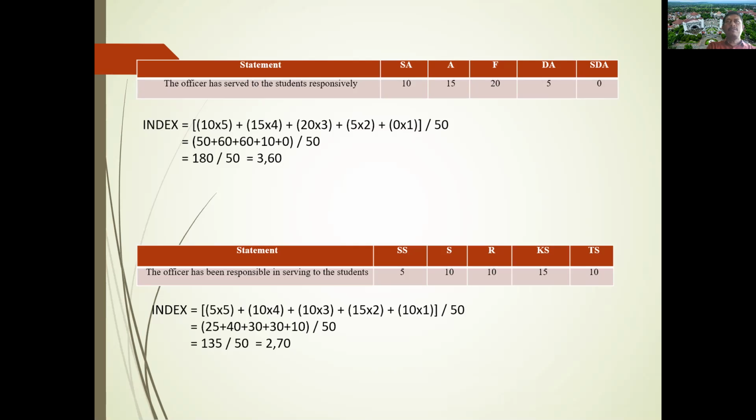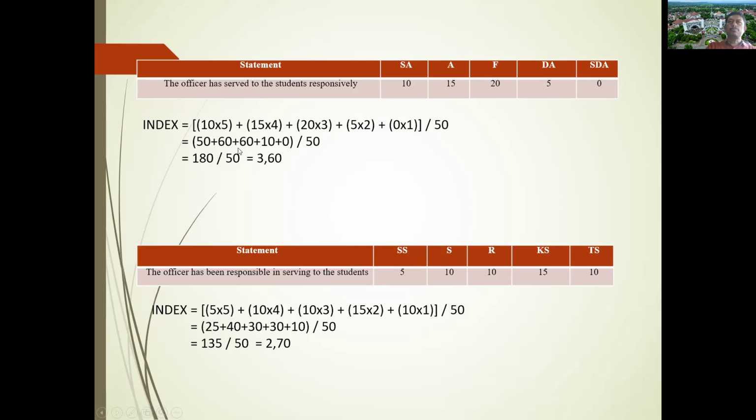The index for the officer has served the student responsively would be 10 multiplied by 5 plus 15 multiplied by 4, 20 multiplied by 3, 5 multiplied by 2, and 0 multiplied by 1. The sum of these products would be divided by the number of students, which is 50.